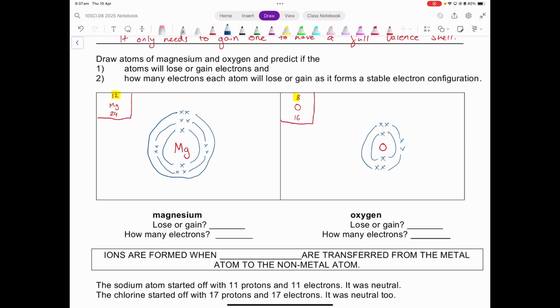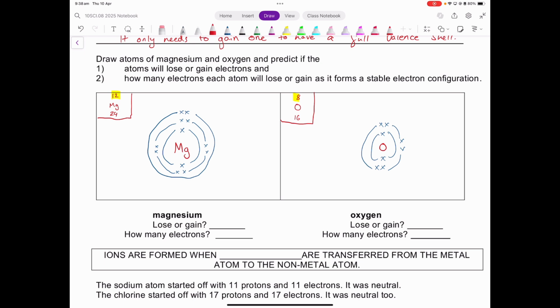So my question to you is this. When we look at magnesium right now, it has a full second shell and only 2 electrons in the third. How many electrons will it need in its third shell to be full? 6.